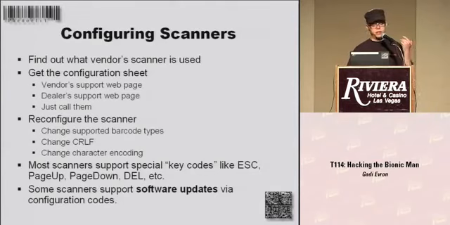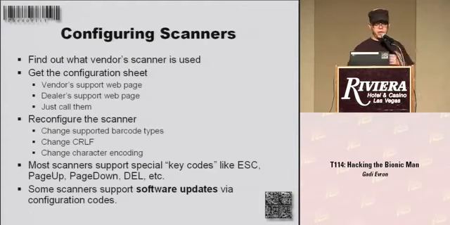Because one thing that you need to know is all the scanners support all the barcode types. You don't buy a separate scanner for UPC or something. The chipsets became so easy and cheap that all the scanners support all the barcodes, and you have to actually configure them away.